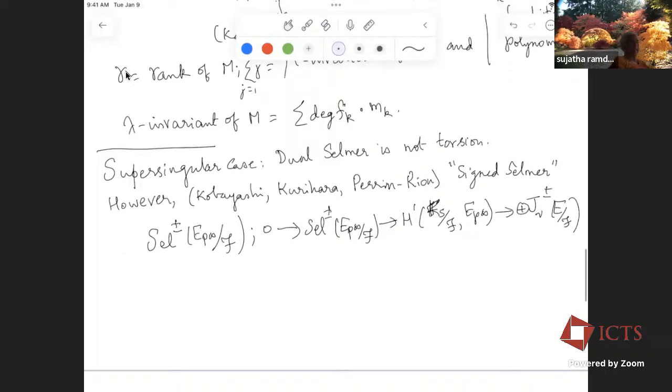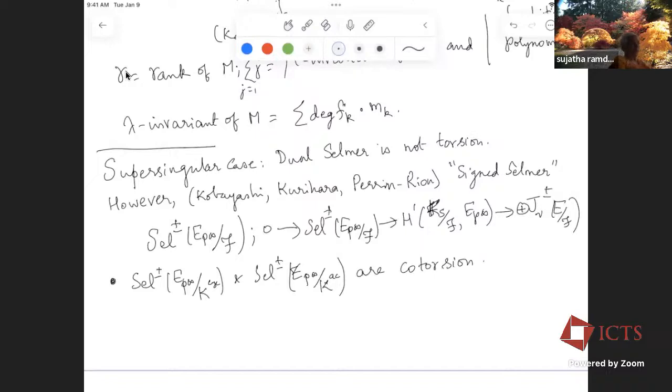And then exactly as in the ordinary case, you know that Sel plus minus E[p^∞] over K, cyclotomic as well as over the anticyclotomic, various people have studied these. I'm just mentioning a few names. These anticyclotomic are cotorsion.